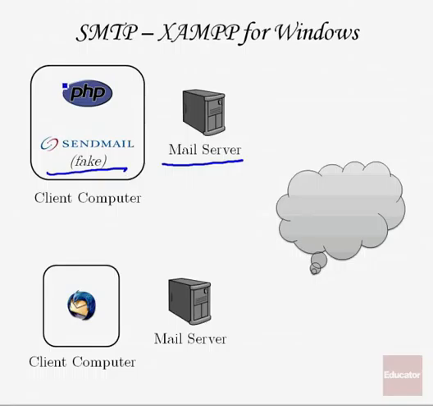You have your email client, in this case PHP, and instead of sending an email directly to the mail server via the SMTP configuration directive in php.ini, it sends it to the Fake SendMail program, which is configured using the sendmail path. So even though we're not using a Unix computer, we actually configure the sendmail path directive.